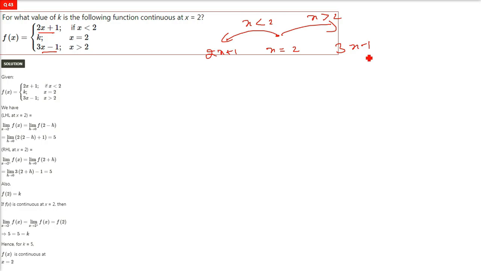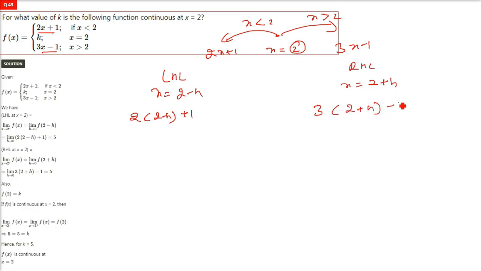So we'll find out the left hand limit and then the right hand limit, and then we'll equate it to k. Because we have to check at 2, for LHL we'll take 2 minus h, for RHL we'll take 2 plus h. The function is 2x plus 1, so 2 into (2 minus h) plus 1, and here it is 3x minus 1, so 3 into (2 plus h) minus 1.